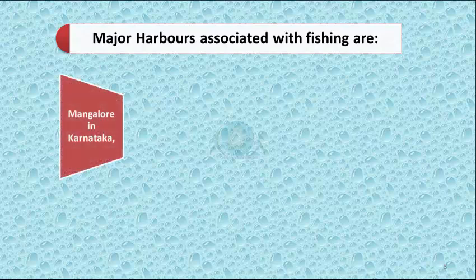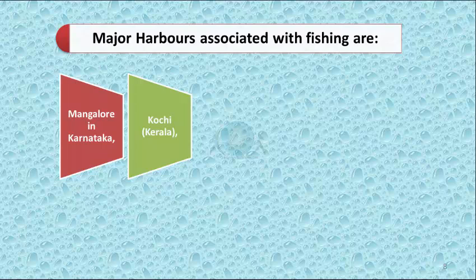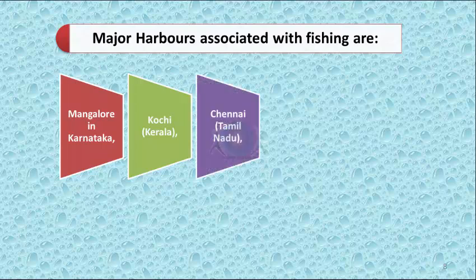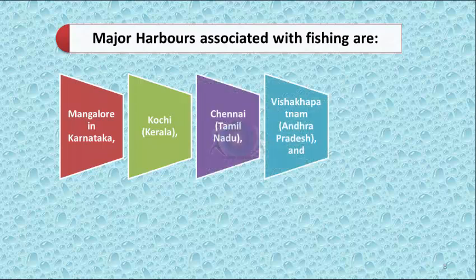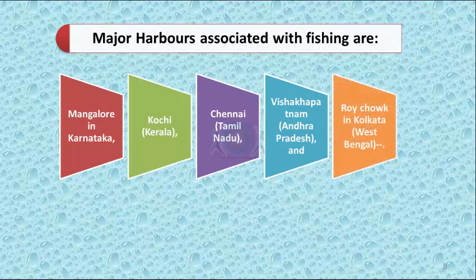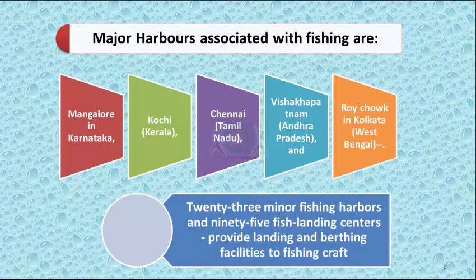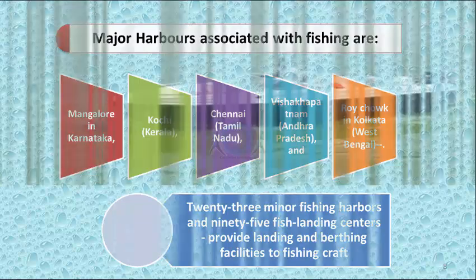Apart from 4 main harbors, that is Mangalore in Karnataka, Kochi in Kerala, Chennai in Tamil Nadu, Visakhapatnam in Andhra Pradesh, and Roy Chowk in Kolkata, 23 other minor fishing harbors and 95 fish landing centers are designated to provide landing and berthing facilities for the fishing crafts of the fishermen.